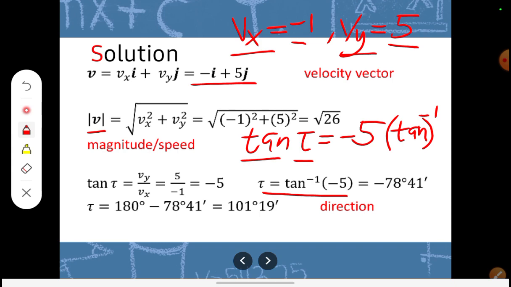So we will have the value of negative 78 degrees and 41 minutes. To get the direction, we have 180 degrees subtracted by 78 degrees and 41 minutes. Therefore, our direction is equal to 101 degrees and 19 minutes.